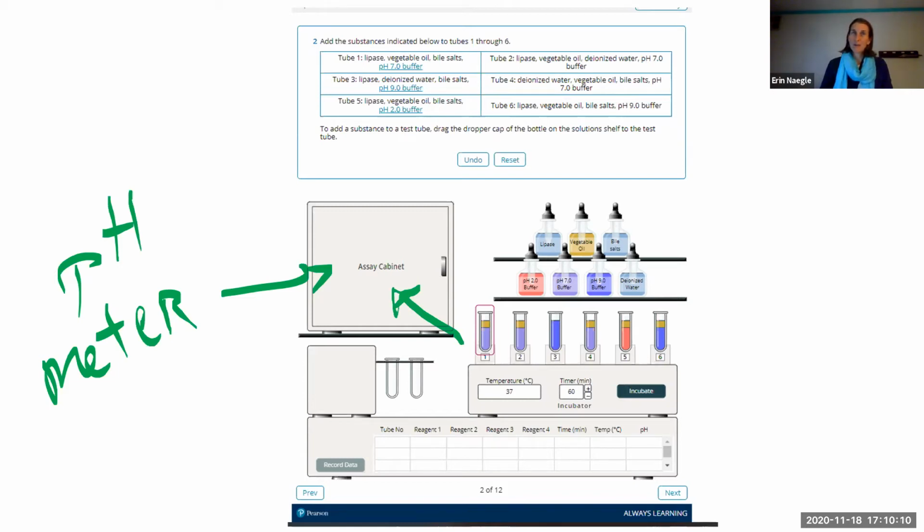And how are you going to measure the lipase activity? Right. Lipase makes monoglycerides and fatty acids. So the more fatty acids you make, the lower the pH. I also want you to think about which of these tubes are serving as controls, and what you think the role of each of those controls is. All right.